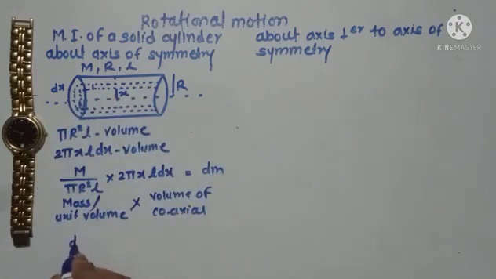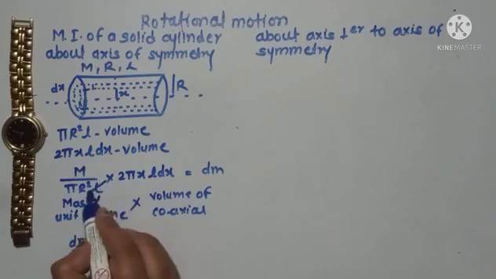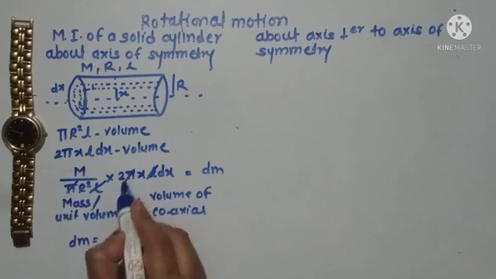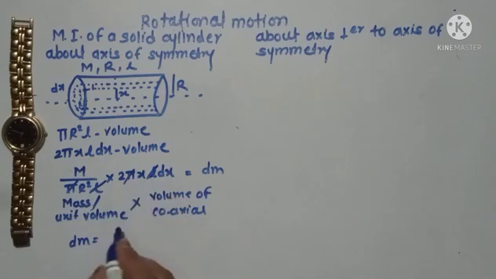Now I can write dm is equal to, so this l will get cancelled, then this π will get cancelled, and what we are left with is 2m upon r² x dx.